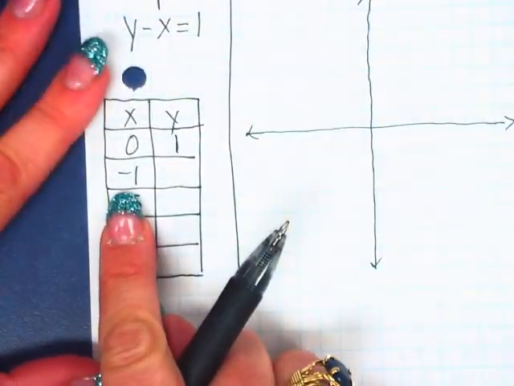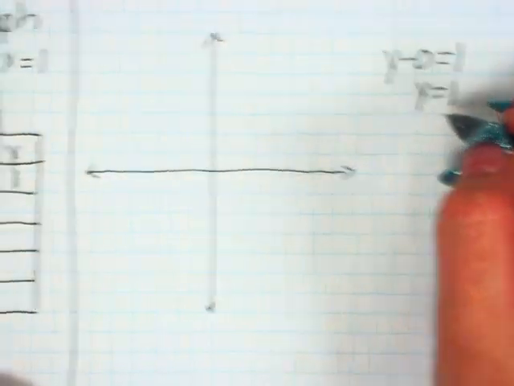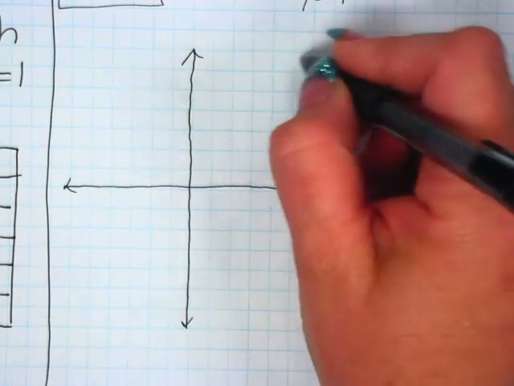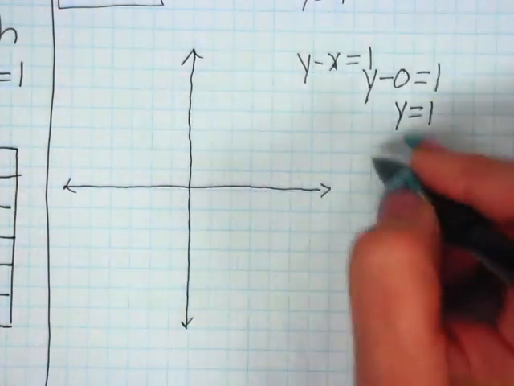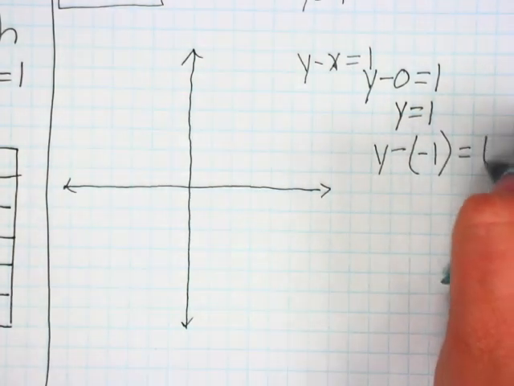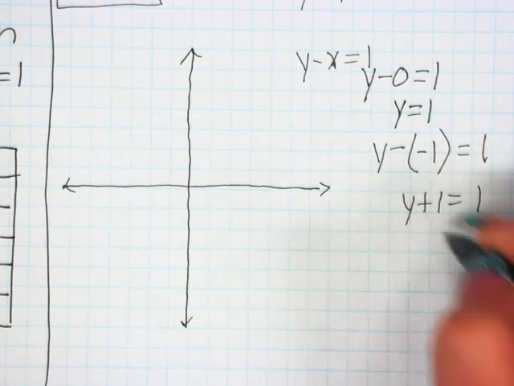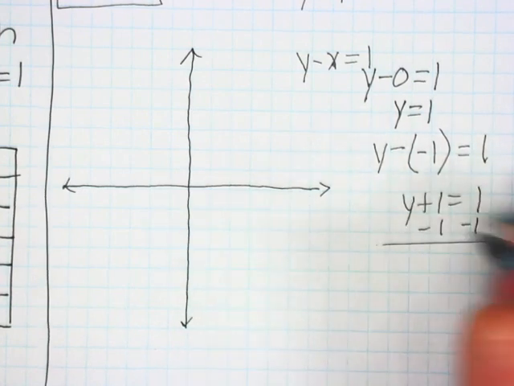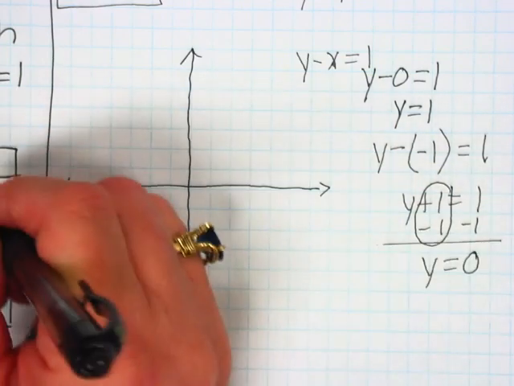What happens if the x is negative 1? Be really careful with this because it's y minus x equals 1. So if I'm putting the x in there, y minus x, which was negative 1, a minus minus is a plus. And now we do the opposite operation, y equals 0.